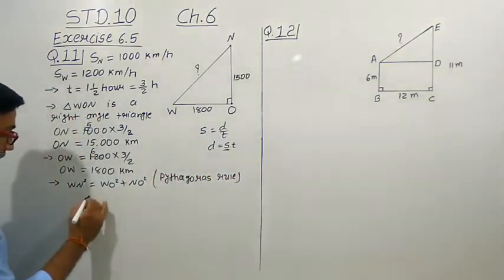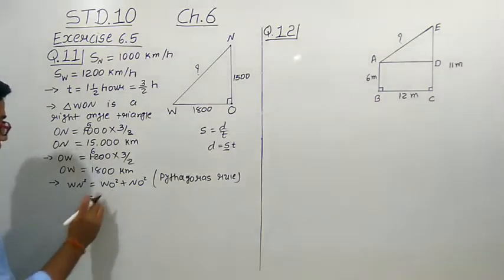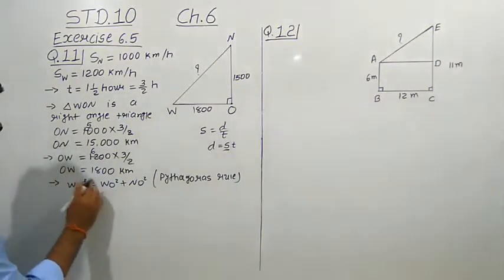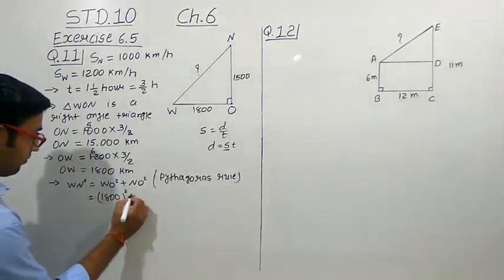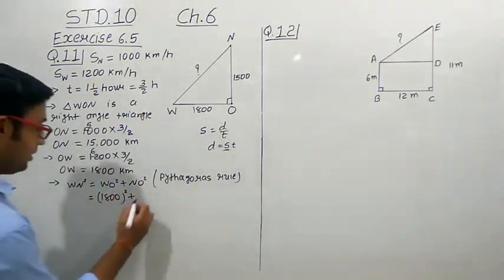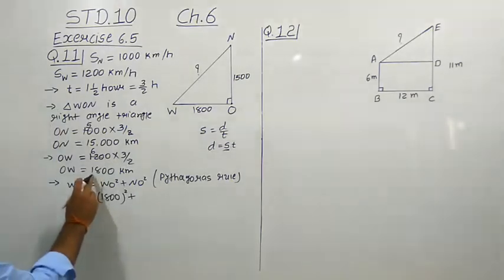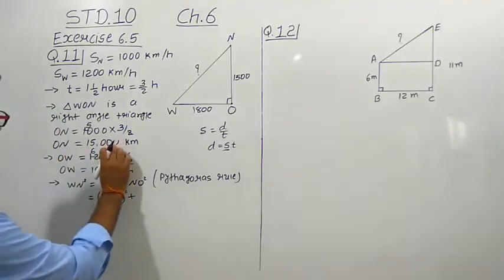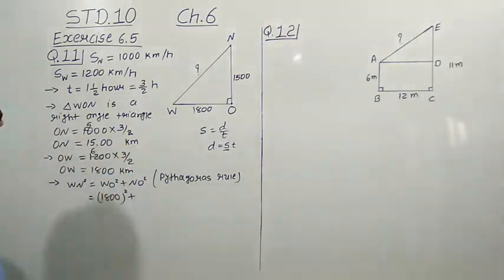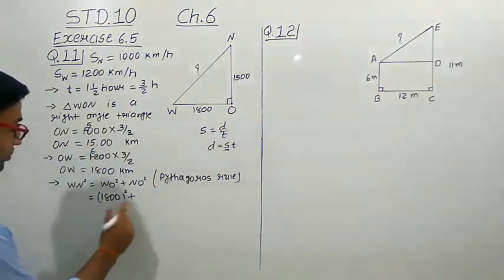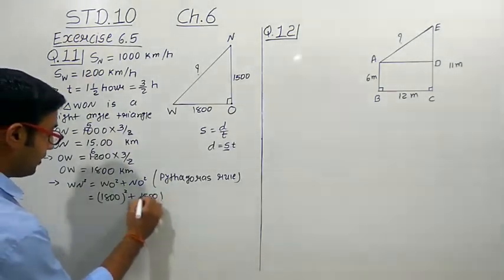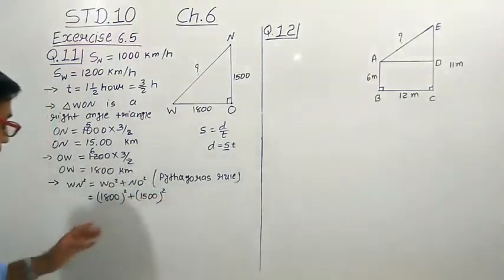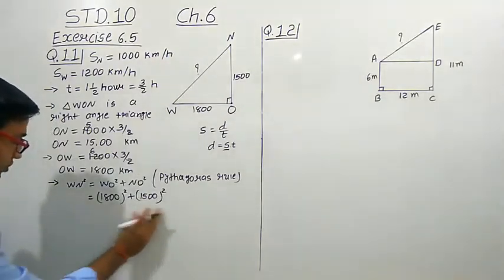Now WN square is equal to, what is WO? WO is 1800. So 1800 square plus, what is NO? Sorry, here we are getting 1500 kilometers, not 15,000, 1500. So ON is 1500, 1500 whole square.